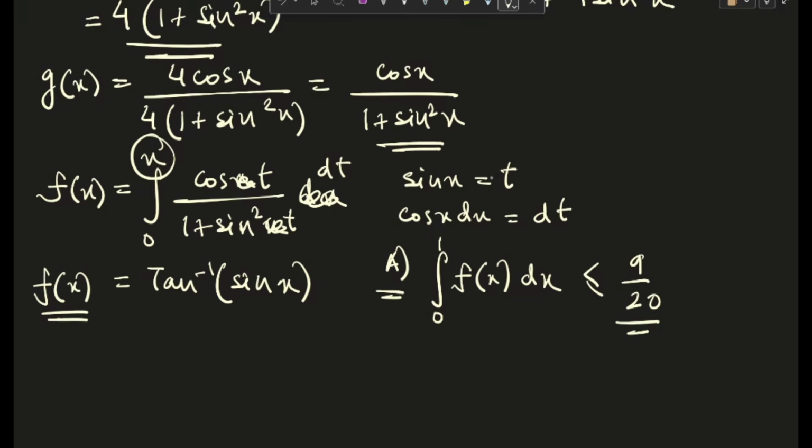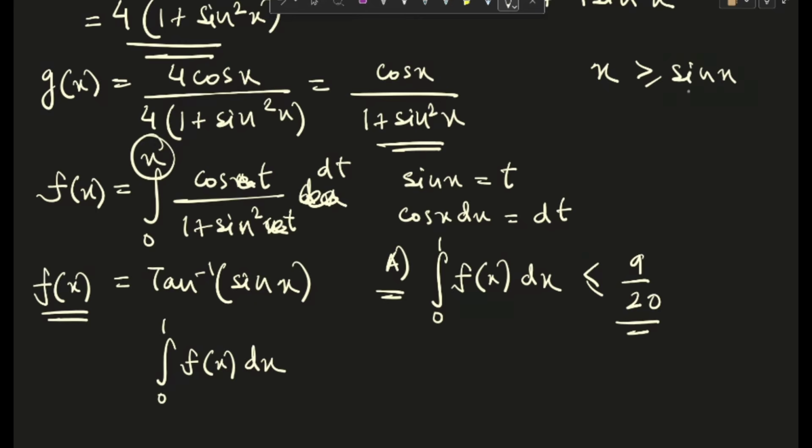So what we can actually do is, I am writing an inequality, integral 0 to 1 f of x dx. Okay, now if we compare tan inverse sine x and tan inverse x, you will already know that x will be always greater than or equal to sine x.